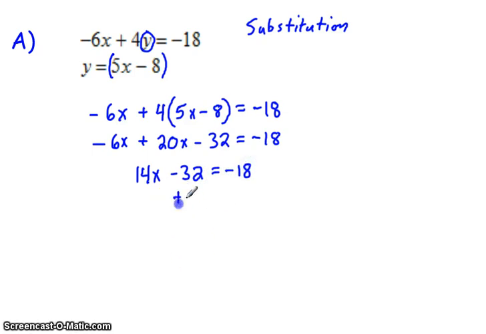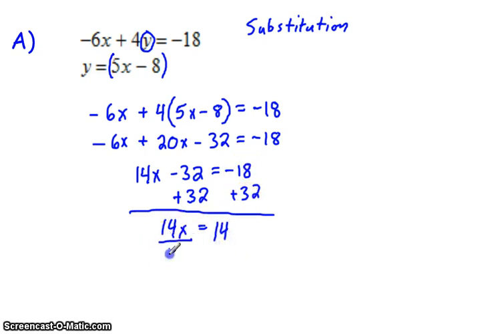I'm going to add 32 to both sides. I get 14x is equal to negative 18 plus 32 is positive 14. And, well, this is easy. 14 divided by 14 gives me 1.